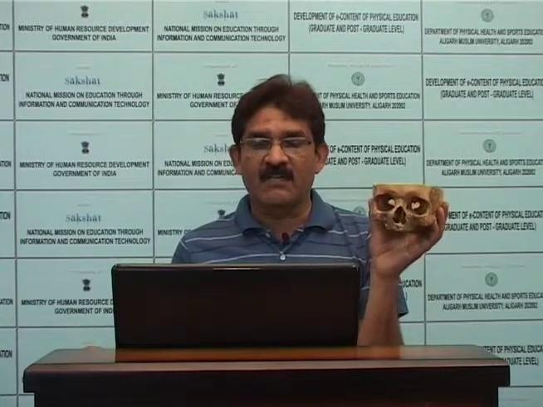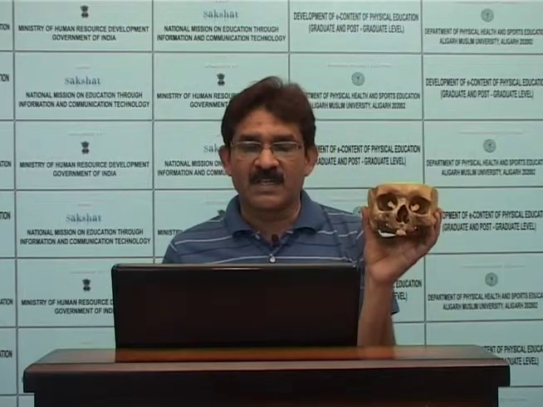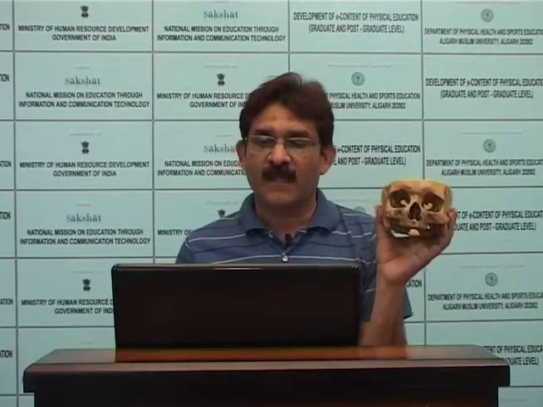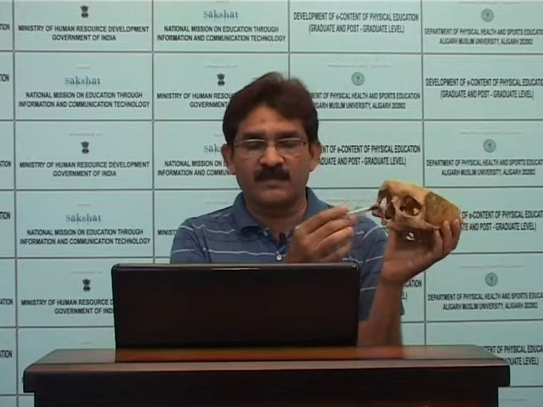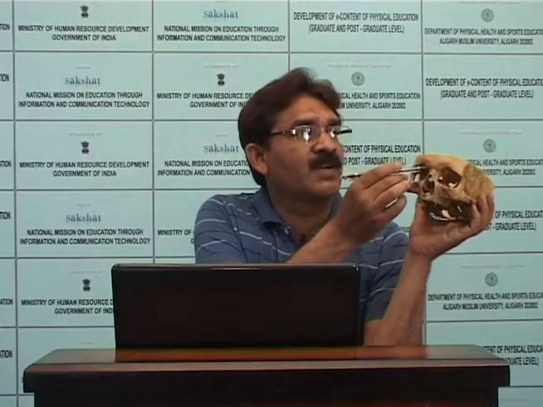Nasion is the area where the frontal bone intersects with the nasal bone. This is the nasal bone. Glabella is a smooth, slightly depressed area located just superior to the nasion.